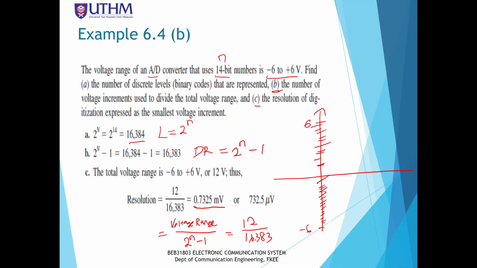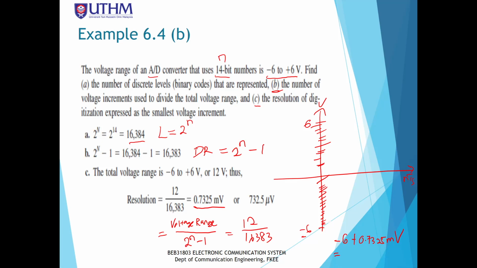If you want to find the next level after -6 volt, the next level would be -6 plus a step size of 0.7325 millivolt.